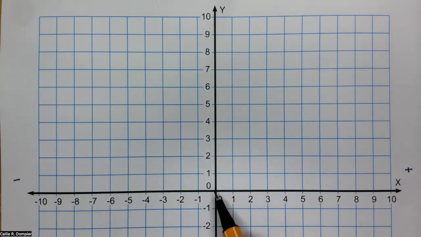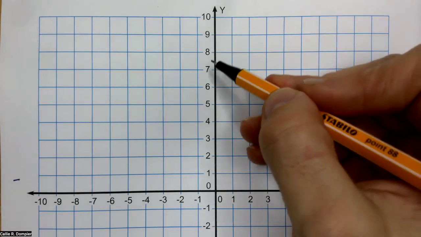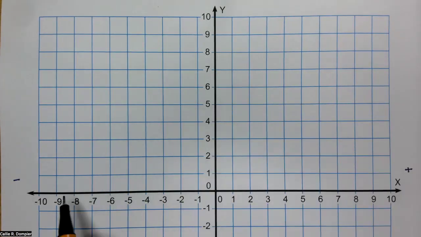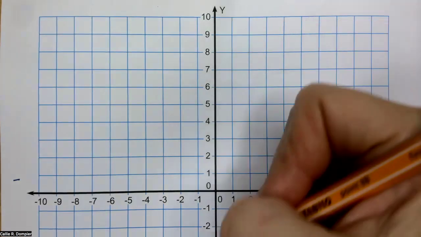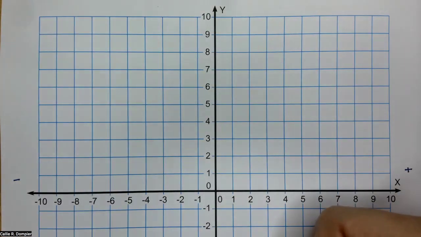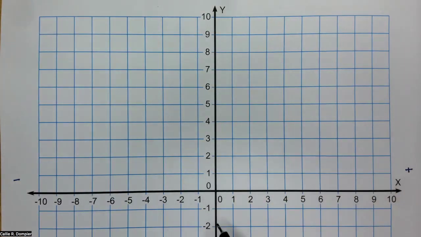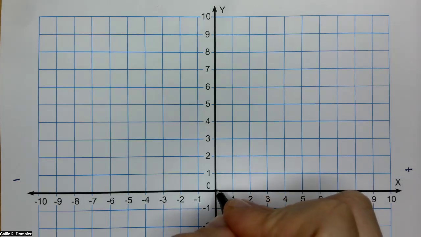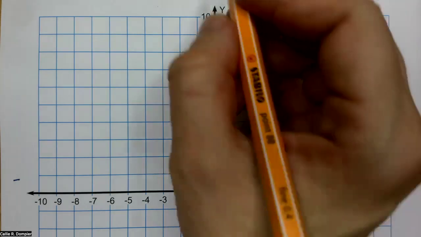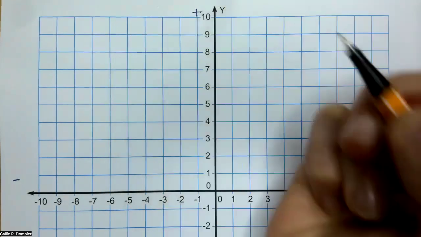Right here is called the origin because that's where 0 is. And then we have another number line that, instead of going from left to right, goes kind of like north to south. They cross each other right at 0 and 0, so that's called the origin. As you go up on this number line, you get higher.